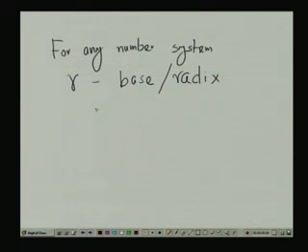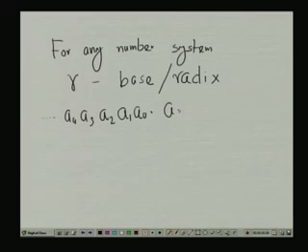So, say I have one number in any number system whose base is R, say A0, A1, A2, A3, A4 and so on, and after the decimal it has some A minus 1, A minus 2, etc.